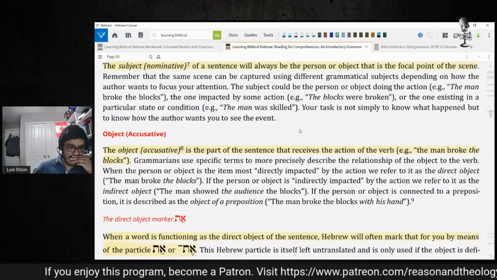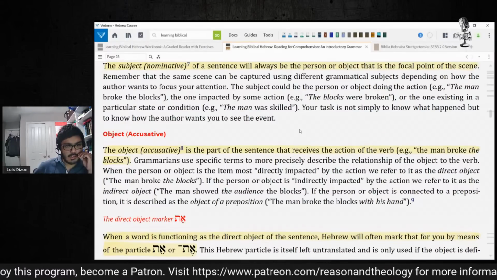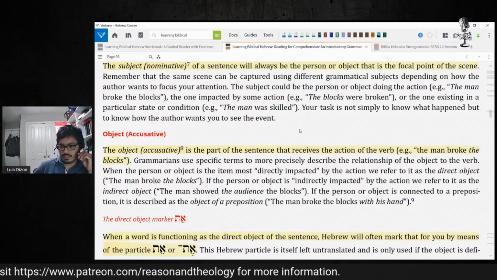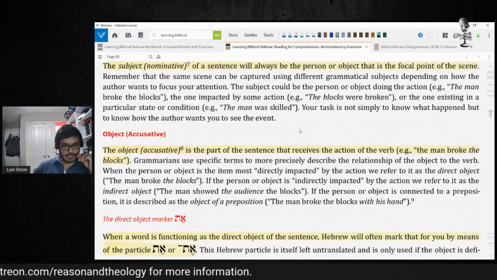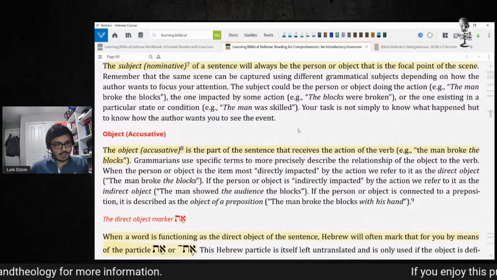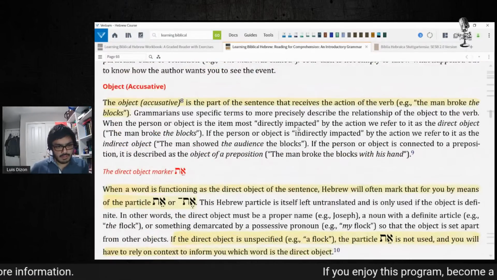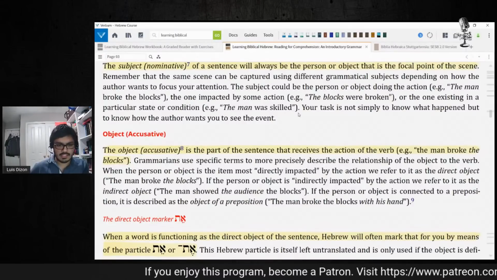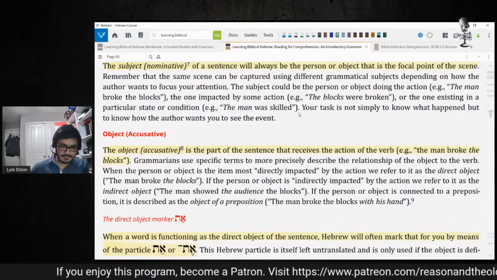And in Hebrew, just as with English, the nominative, the subject, will come before the object in word order. So Hebrew does rely on word order more than, say, Greek or Latin, but less so than English.